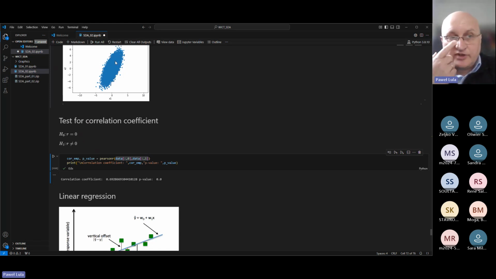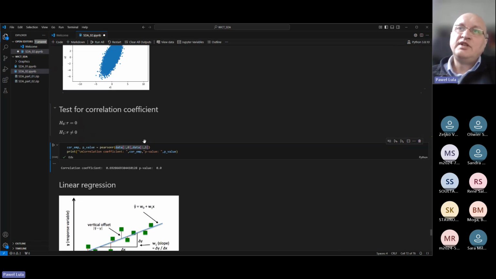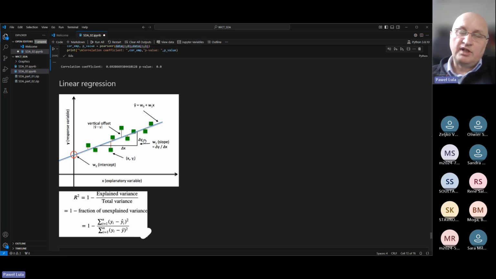How to describe this relationship? There are many possibilities, but the simplest and most popular possibility is to build linear regression model, to find coefficients describing a line which we can use for describing this relationship.